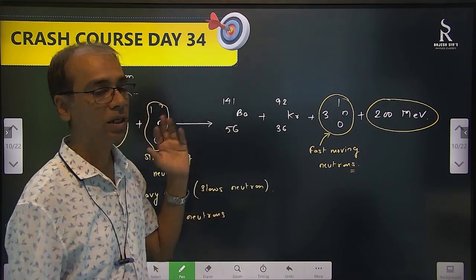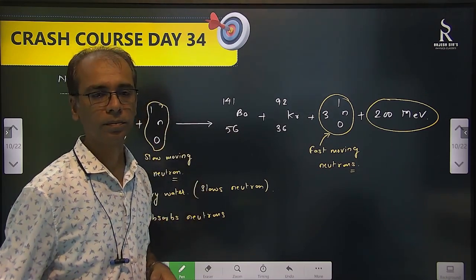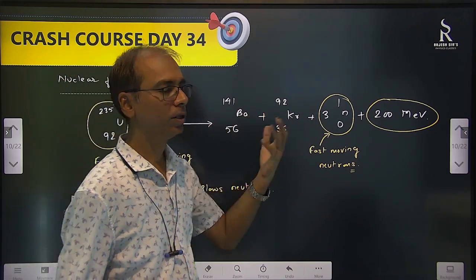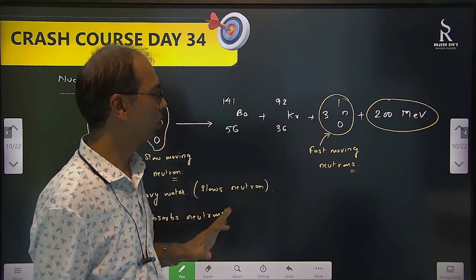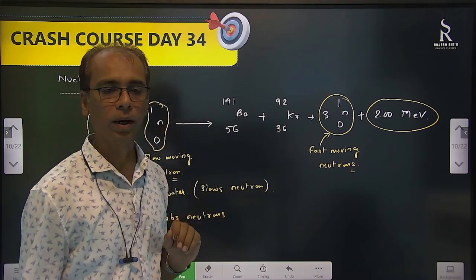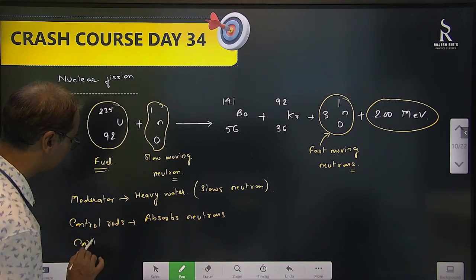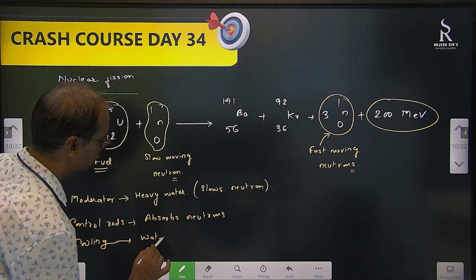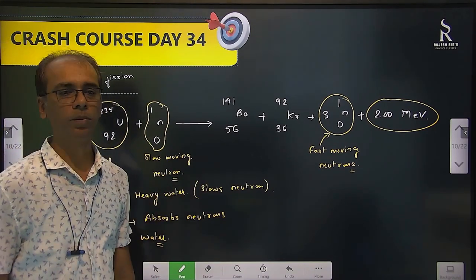Because radiations are also there, we make the reactor with concrete so that those radiations do not come out. So this is the entire process. Then finally cooling is required, and cooling is also done by water. So this is your nuclear fission process.